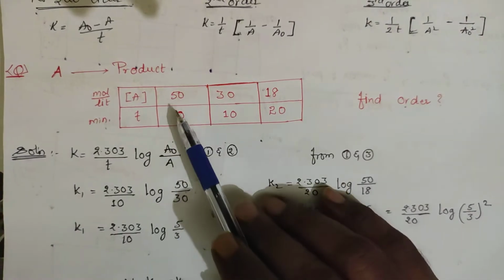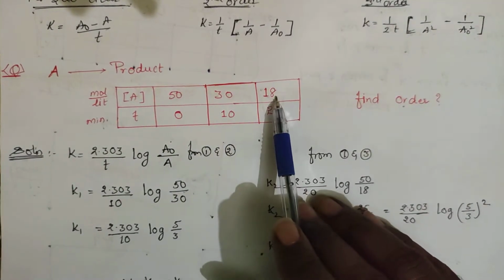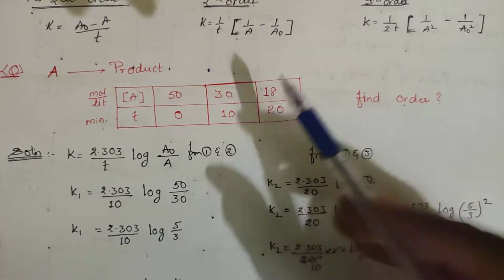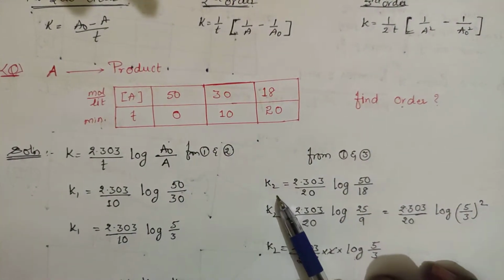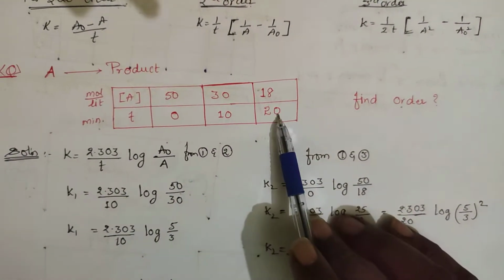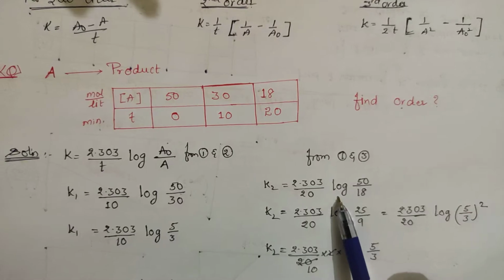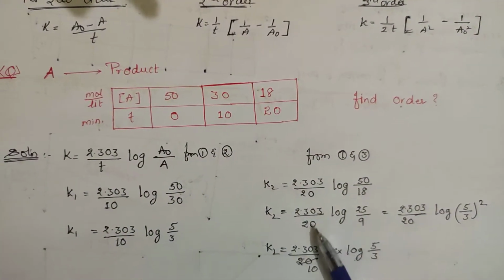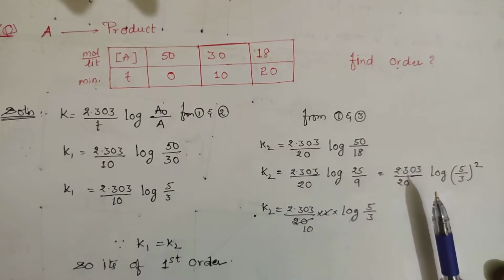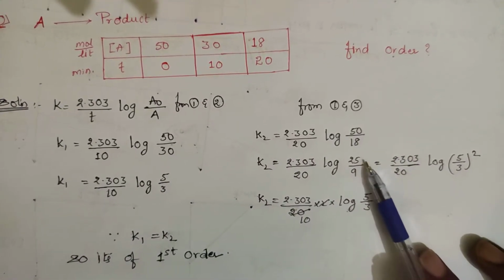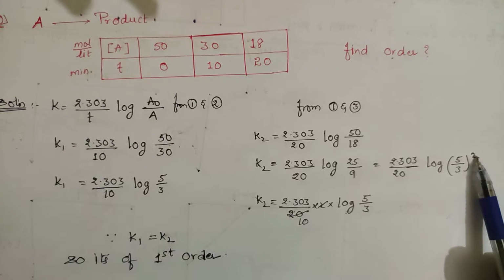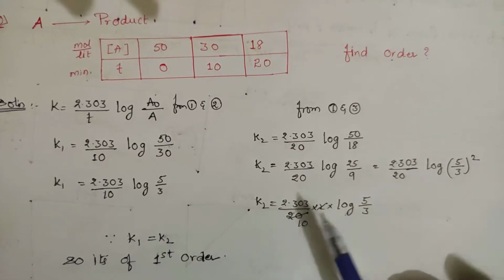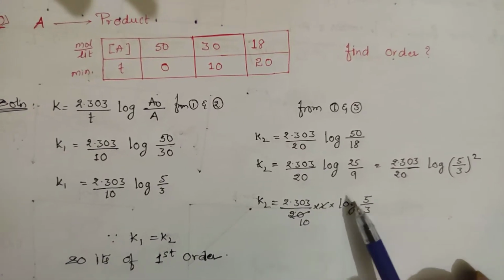Now let me get the K value when I compare 50 and 18. K2 is 2.303 by 20 minus 0, so it is 20, log of initial concentration 50 by final concentration 18. So 2.303 by 20 log 25 by 9. 25 by 9 you can write as (5 by 3) whole square, and if we take the 2 out, we get 2.303 by 20 into 2 log 5 by 3.